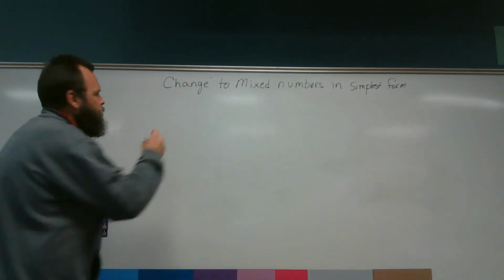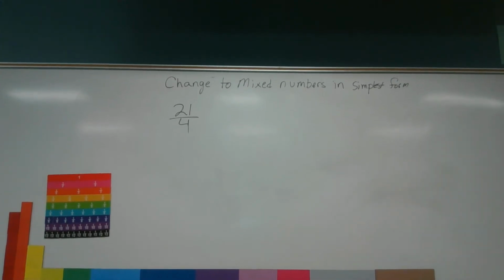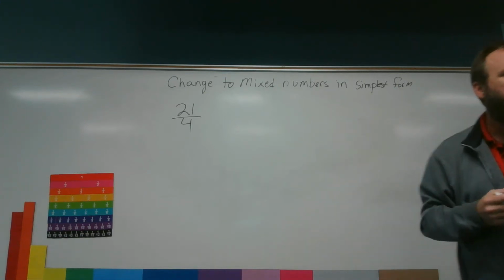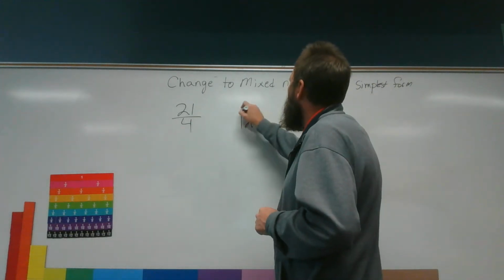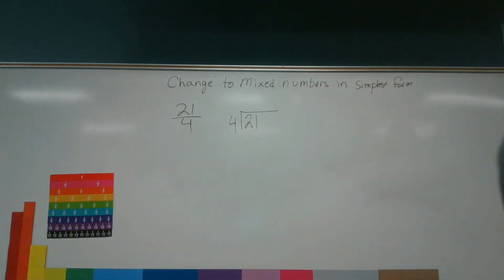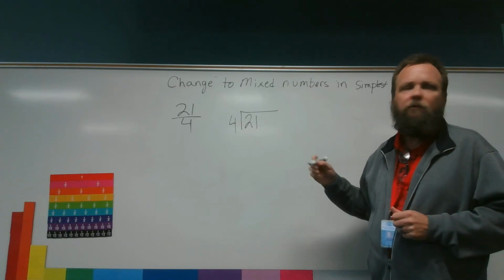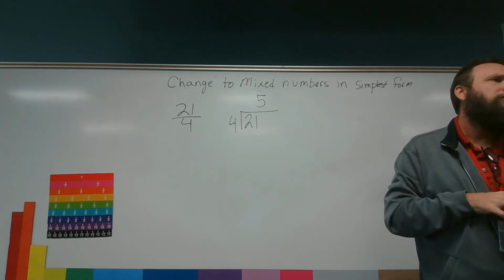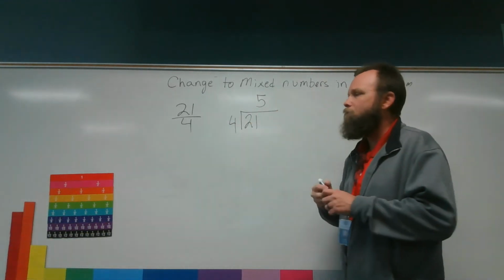Let's look at 21/4. Or, as it says, if you read it, it'd be 21 divided by 4. Liam, what do I do first? You divide 21 by 4. Good, and 21 divided by 4. And Liam, how many times does 4 go into 21? Five times. 4 times 5 is 20.